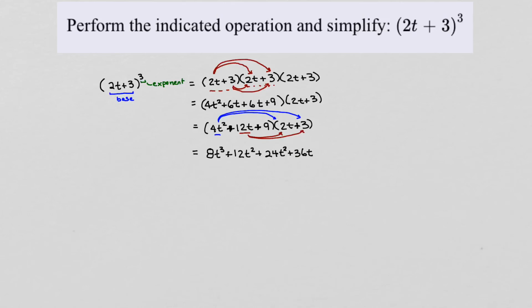And then finally, we're going to take that last term in the first trinomial, 9, and multiply that times the binomial 2t + 3. So 9 is going to get multiplied by 2t, and 9 is going to get multiplied by 3. And that's going to give us plus 18t + 27.